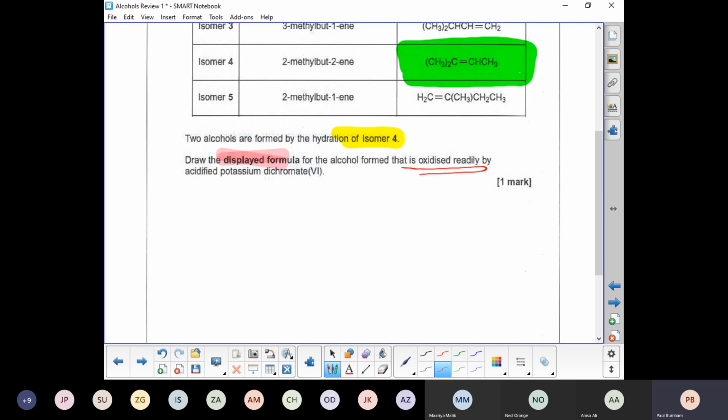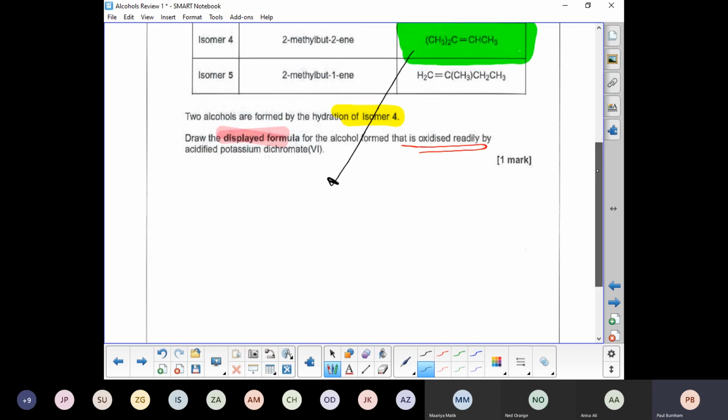Now, I think the way to tackle this is to recognise that we are therefore going to produce an alcohol that's primary or secondary. They would be readily oxidised, and not tertiary. The first thing is I'm going to work with isomer 4 here. So I'm going to draw out as part of my working isomer 4, but I'm going to do it as a displayed formula because then I can adapt it to show you what the product would be.